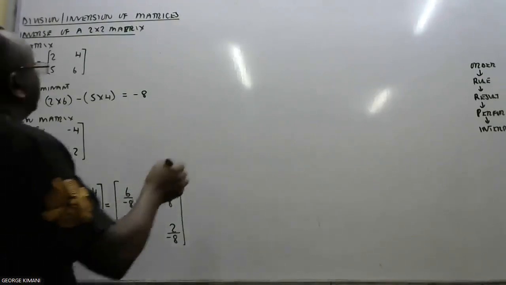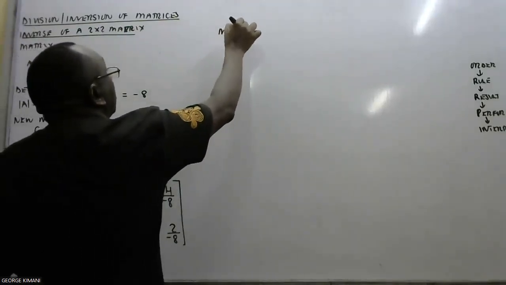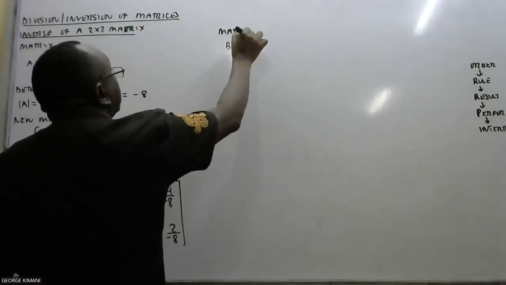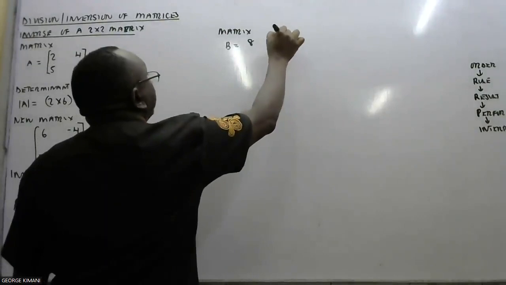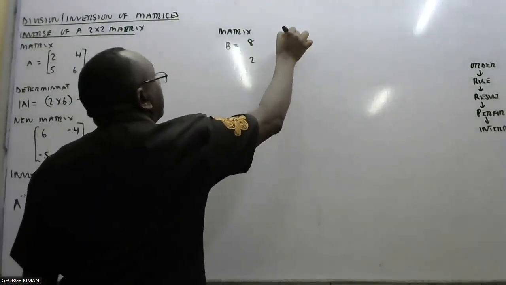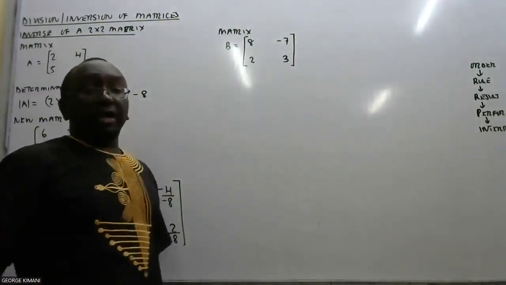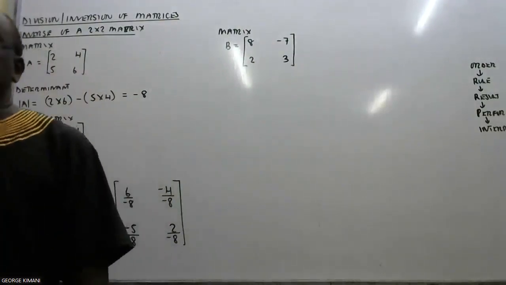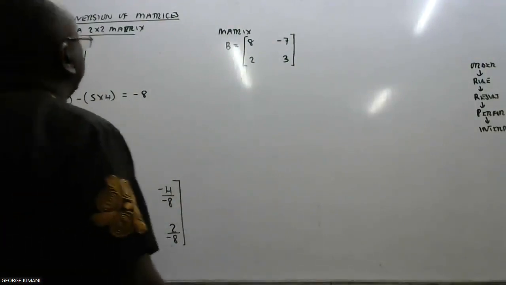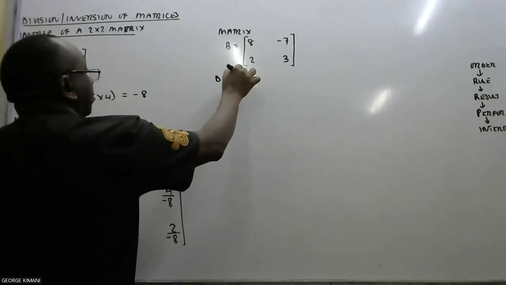So we can have example 2, where you are given matrix B as 8, -7, 2, 3. If you are given a matrix like that and they want an inverse, what you do is you begin by getting the determinant.